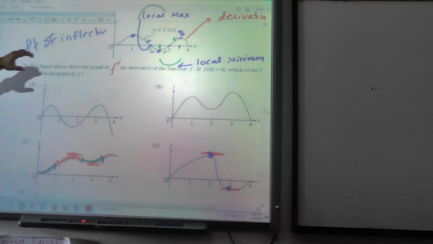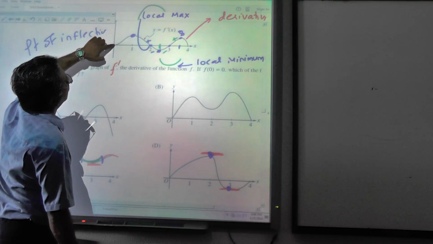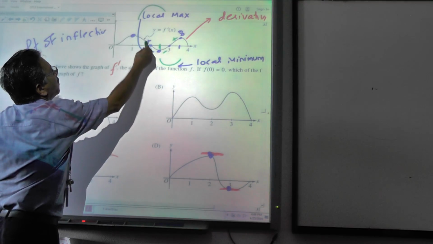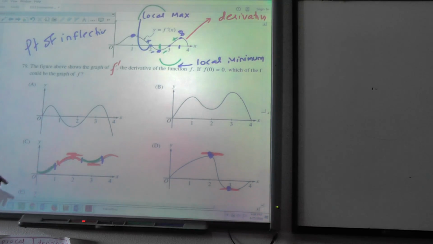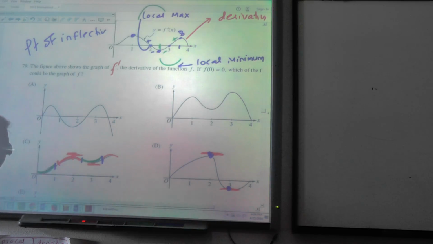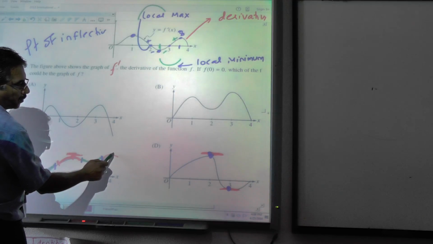And you will see here, the derivative is positive. If I take the derivative of this here, it is positive until 2. If you draw tangents, it's positive, then till 3 it is negative. This is negative, and then again positive.